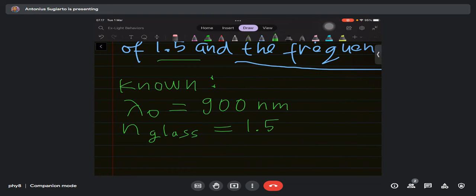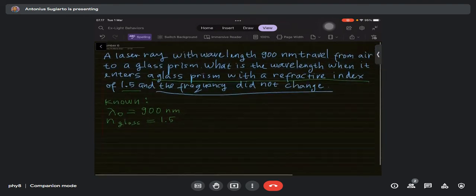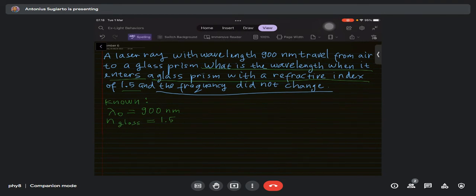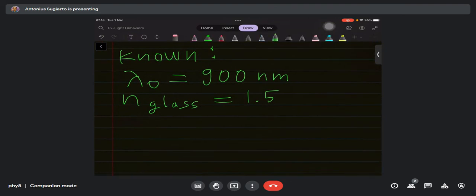So now what is being wanted? We will see in the question one more time. What is the wavelength when it enters a glass prism? That is what is being wanted. So we can write down wanted here: the wavelength.